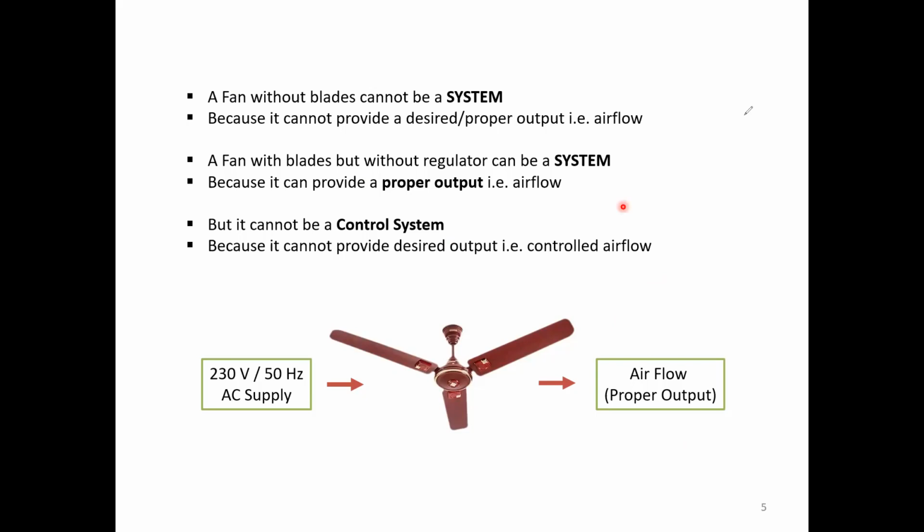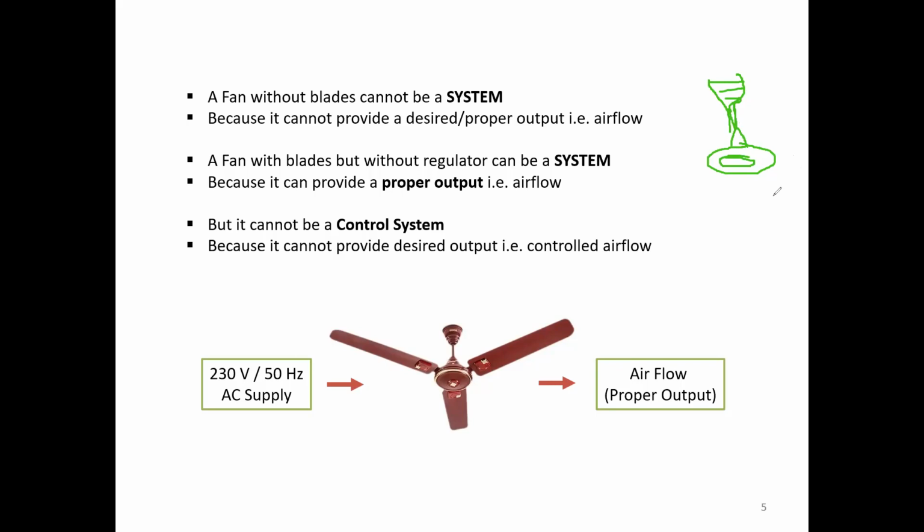Let's say you have a fan, something like this. My drawing is not working, but whatever it is, if you have the fan but it does not have the blade, then what would happen?